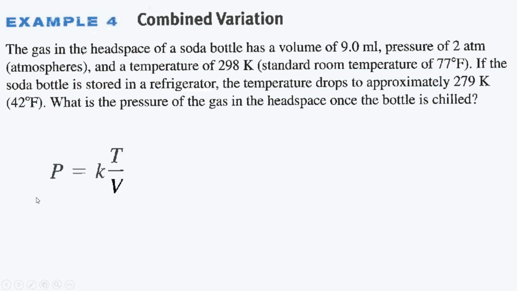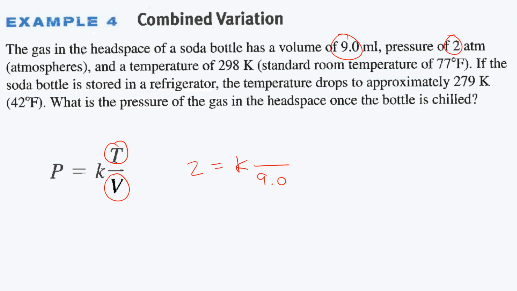All right, here we go. So pressure is directly related to the temperature and inversely related to the volume. So let's put some numbers into our formula. So we have a volume of 9.0, so that's going to be in the denominator. So 9.0 down here. We have a pressure of 2 atmospheres. So we're going to have 2 over on the other side.